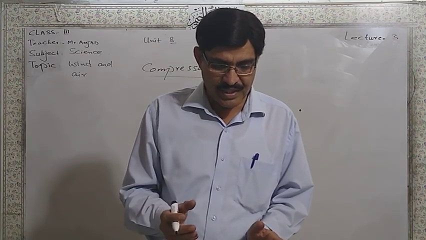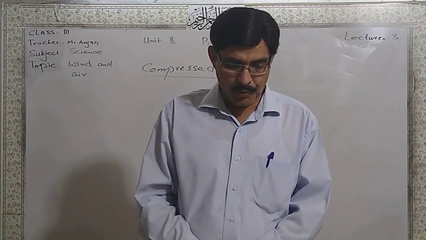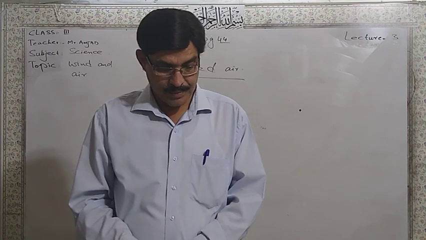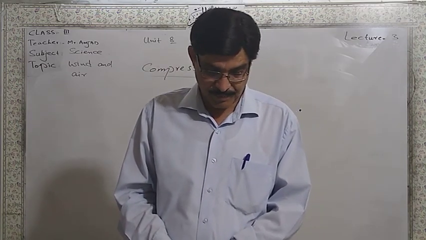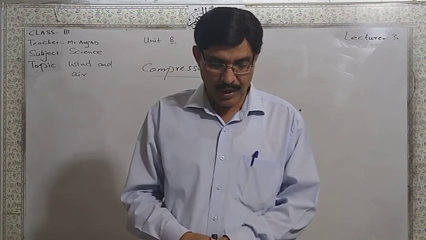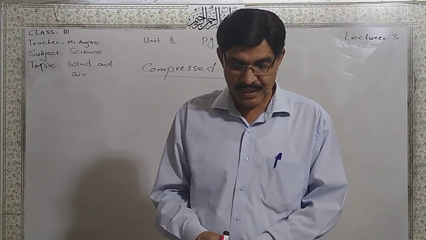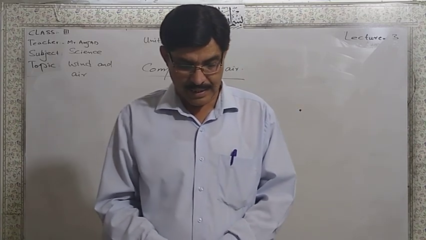Air can be squeezed into small spaces. When we blow up a balloon, we are forcing air into it. We are compressing a lot of air into a small space. Have you ever wondered why a balloon bursts? This happens because too much air was squeezed into a very small area.